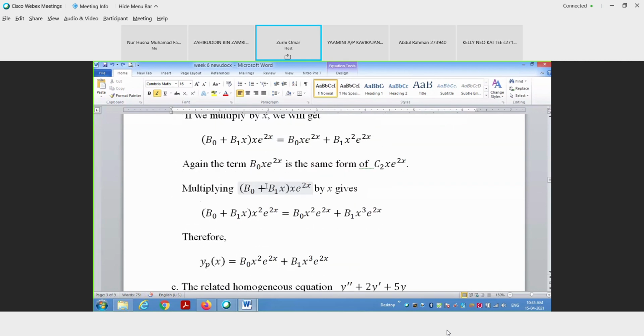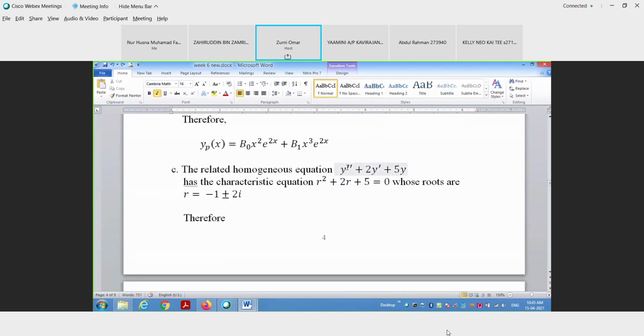So now for C, we have y double prime plus 2y prime plus 5y equal to 0. And then we transform this equation into characteristic equations. So y double prime becomes r square, plus 2y prime becomes plus 2r, plus 5y, 5 r power of 0 is equal to 1, so plus 5 equal to 0.